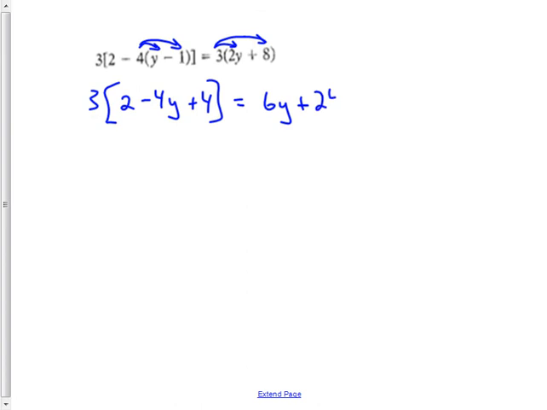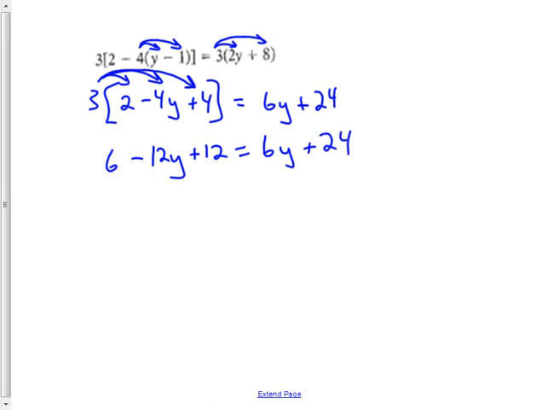So when you use the distributive property, the parentheses go away, just like they always have. I also have a set of brackets here, but the brackets act just like parentheses, so not much else is going to happen here in terms of new information. I'm just doing that a couple times.